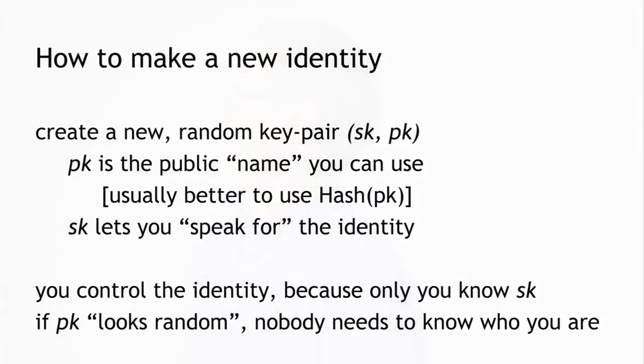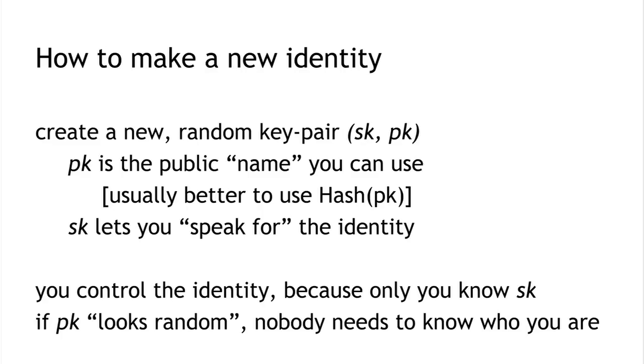And that means that there is an identity in the system which only you can speak for, and of course that's what you want an identity to be, something that one person can speak for, that everybody can see.